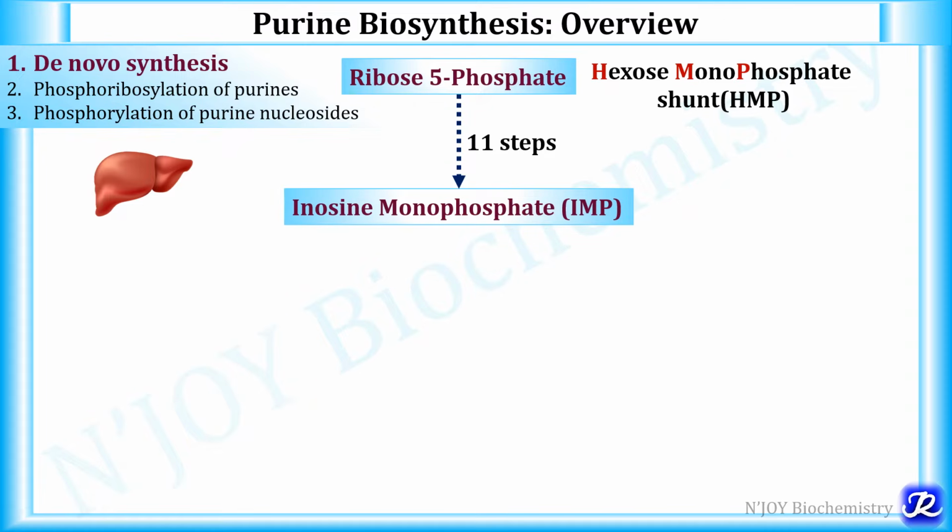And there are about 11 steps through which the first purine nucleotide that is formed is inosine monophosphate, that is the IMP. And that's why it is called the parent nucleotide, because it is first synthesized and later on the other nucleotides like AMP and GMP are synthesized.